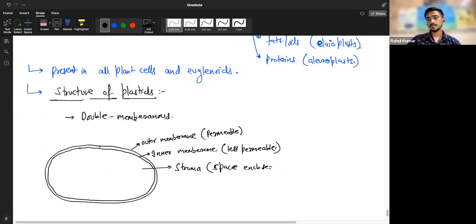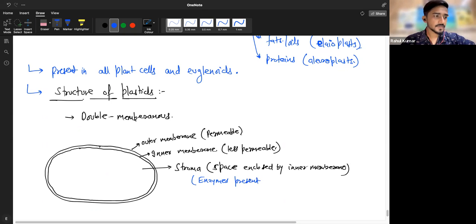Space enclosed by inner membrane. Now in this stroma, there are enzymes present, which synthesize carbohydrates.